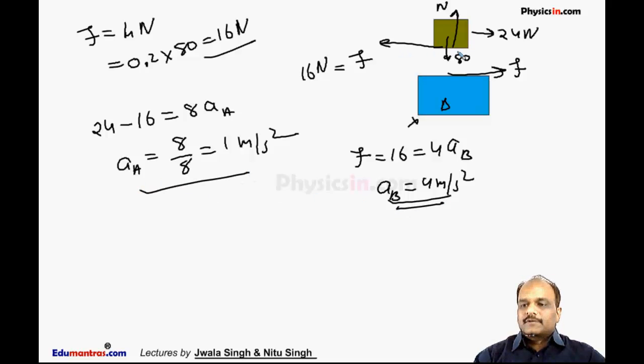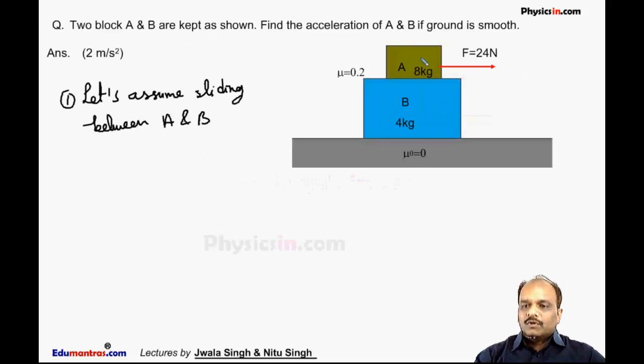Now if you see the answer, we are pulling this 8 kg block, and this block A has an acceleration of 1 meter per second square, while block B has an acceleration of 4.